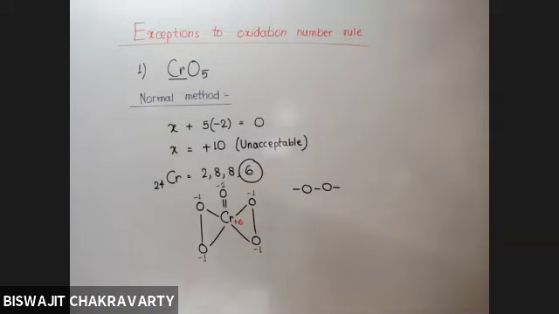Therefore we'll have to draw the structure and look at the actual situation of the oxygen atoms, and thereby we can make out that not all oxygens are -2 oxygens, 4 of them are -1 oxygens. Understood?